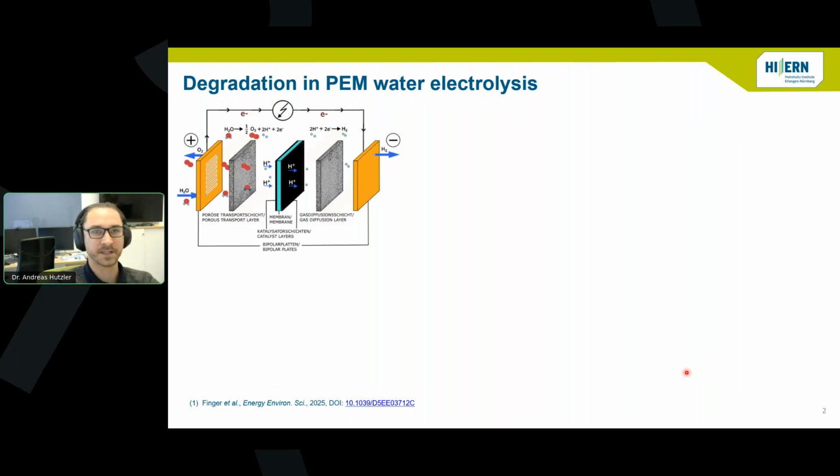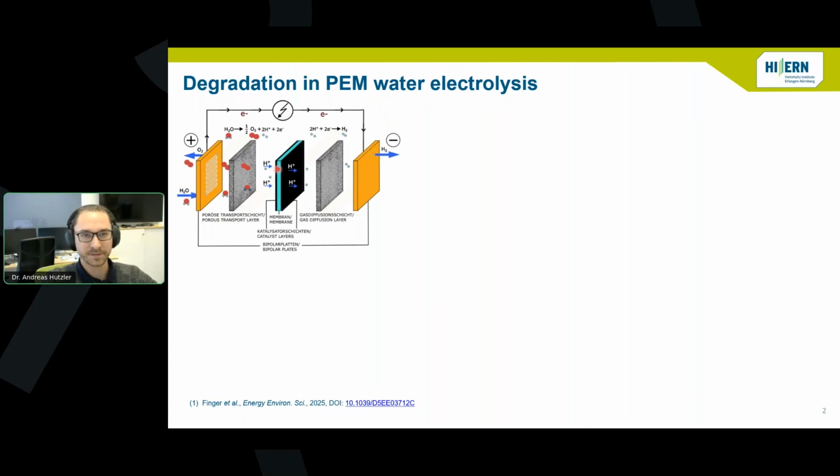We look at degradation of electrocatalysts, specifically in PEM water electrolysis. What you see here is an explosion view of such a PEM water electrolysis cell with two catalyst layers at its heart. We put water in.